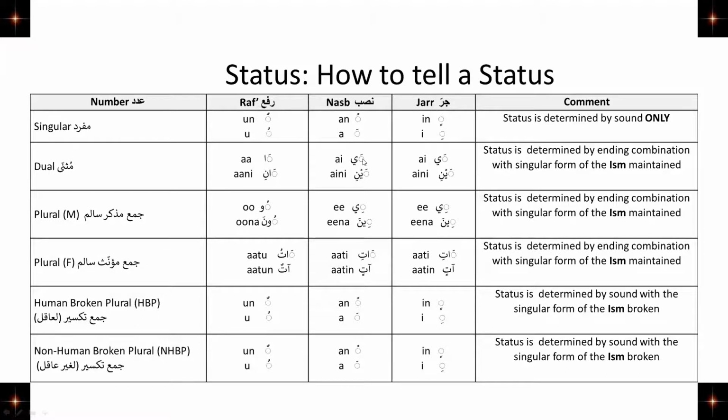Aini is heavy, ai is light, Nasb. Then aini is heavy, ai is light, Jar. So Jar for pair. This one is for pair. And some of these comments will assist you to understand the details of what we are saying. And then in plural, if it is normal plural or safe plural or sound plural, call it whatever, we call it Jam' Mudhakkar Salim.